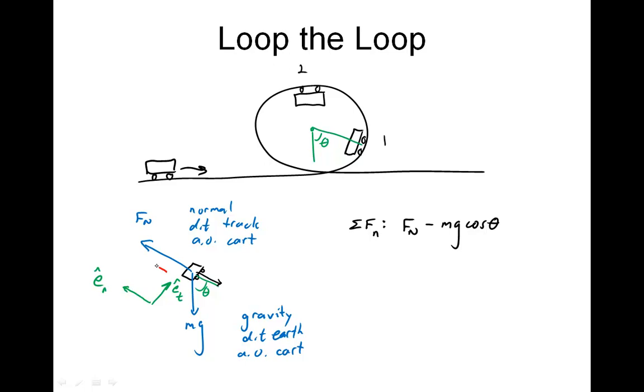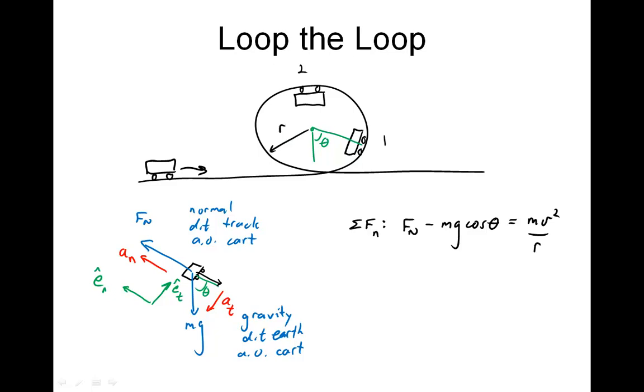Now the acceleration has to be inward, so there's my normal acceleration. There will also be a tangential acceleration. We're really not going to worry about that at this point in the game. We're just interested in the normal acceleration, but that's v squared over r. So this equals mv squared over the radius of this loop-the-loop.